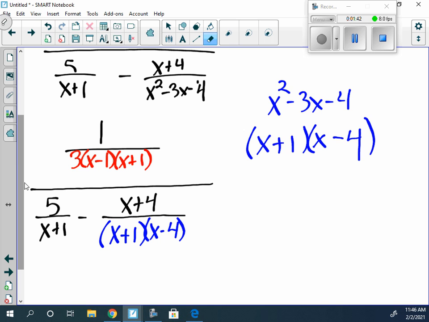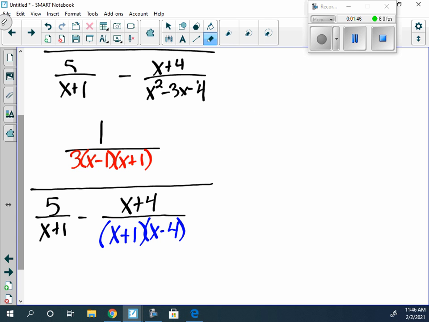And we get this here after everything is factored. Now, it would have been really nice if that had been x plus 4, because x plus 4 and x plus 4 would have simplified.